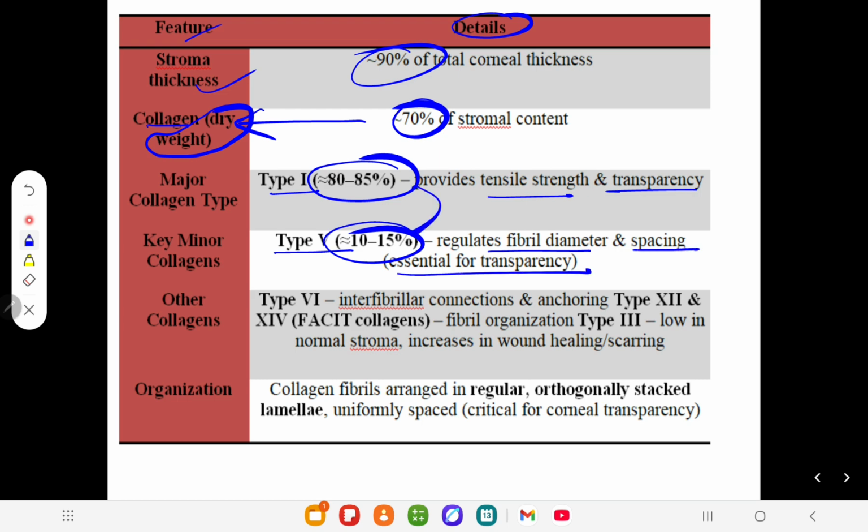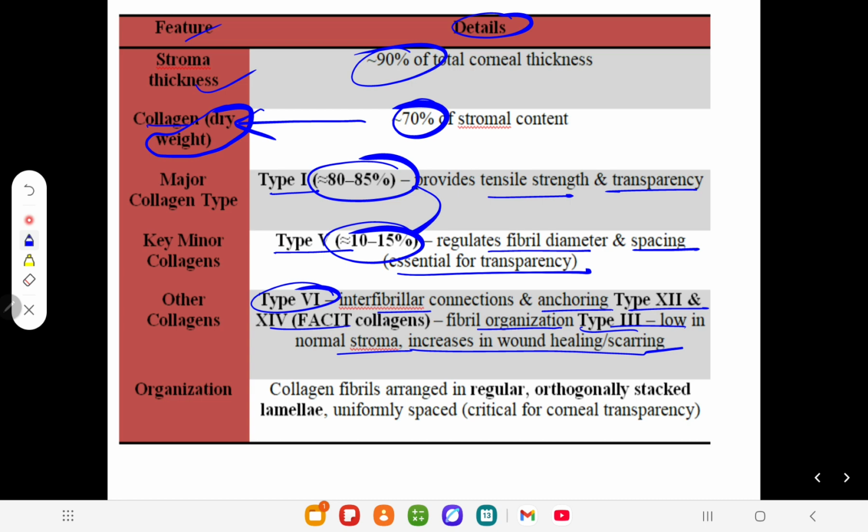So both type 1 and type 5 are essential. Others: type 4 for interfibril connection and anchoring, and types 12 and 15 for fiber organization. Type 3 is low in the normal corneal stroma and increases during wound healing. It's very important.